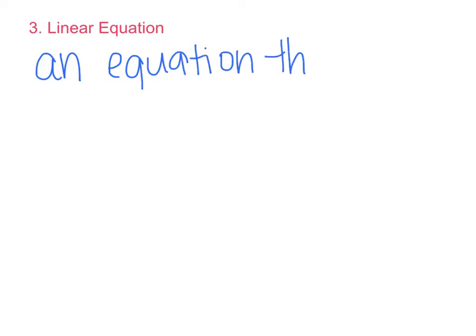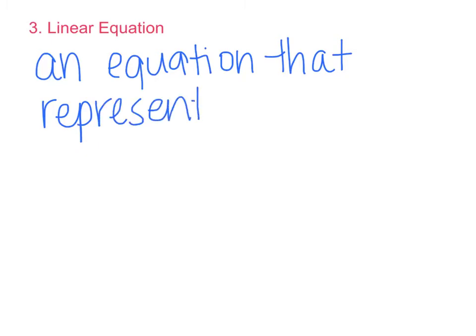The next thing we're going to look at is linear equation. A linear equation is just an equation that represents a line. And we're going to talk about 3 ways to write a linear equation.